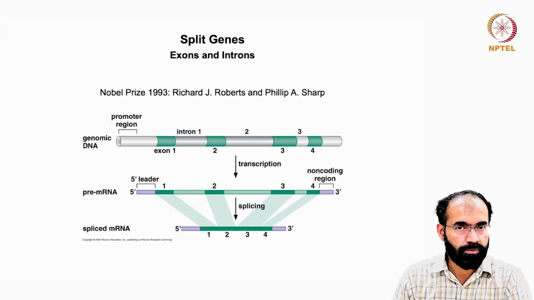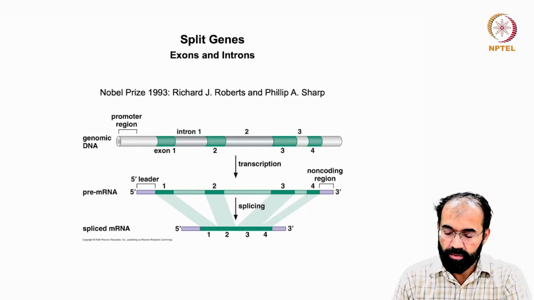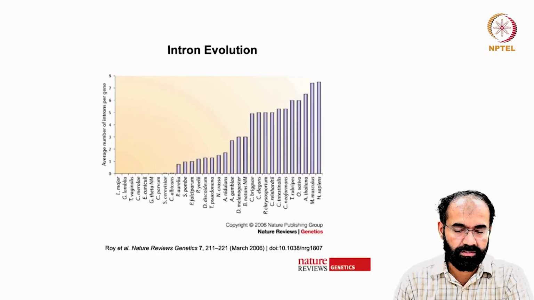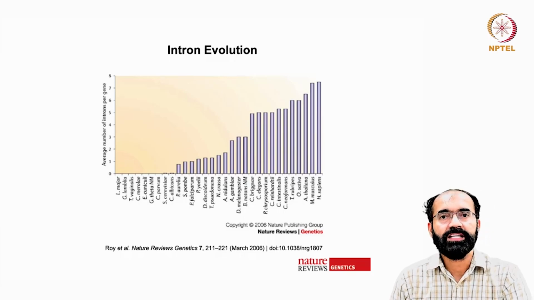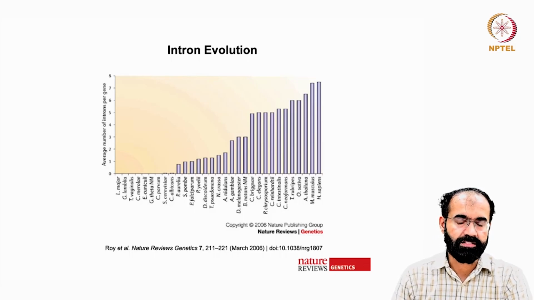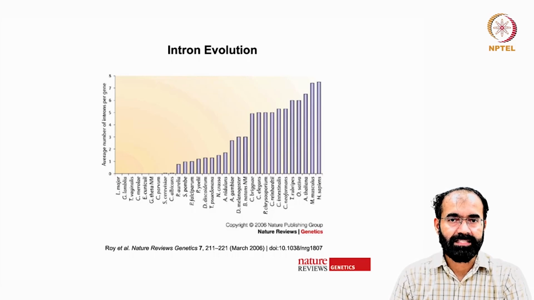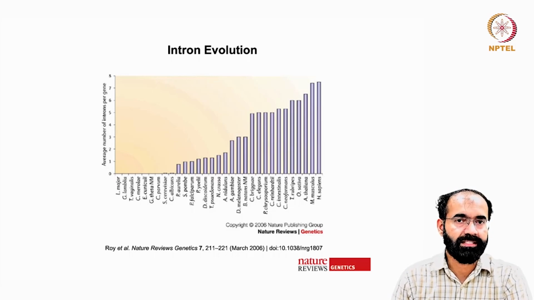Before going in that direction, we will try to follow the evolution of introns. Intron evolution is a very interesting topic because, as the name itself indicates, intron is basically an intervening region or an intruder sequence which appears at first as a nuisance, but the actual truth is it is not a nuisance.